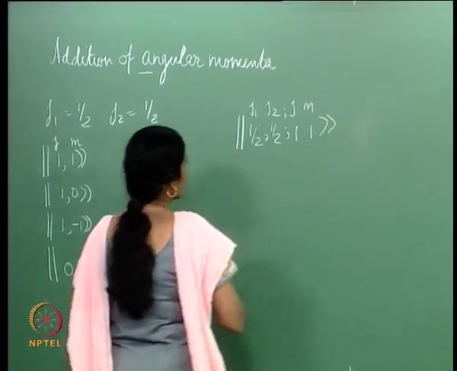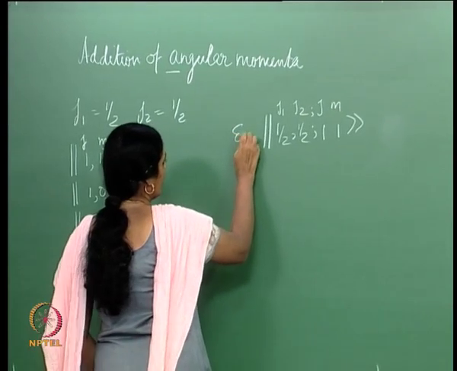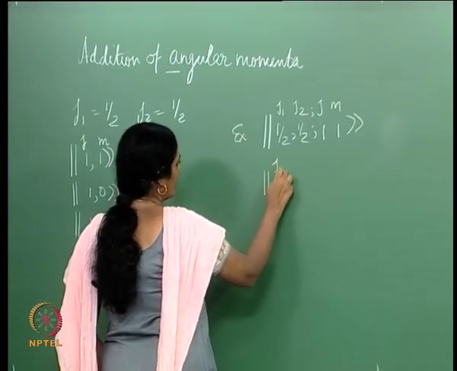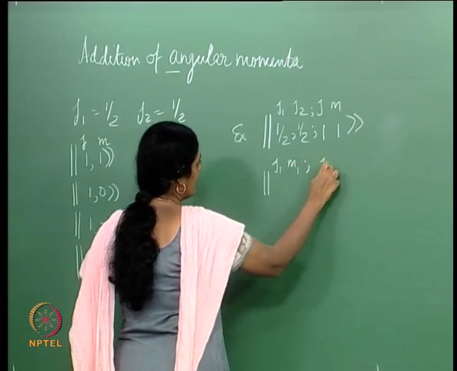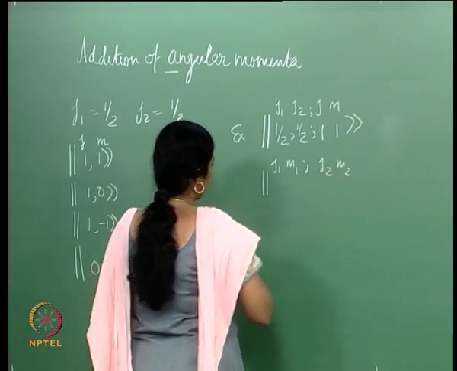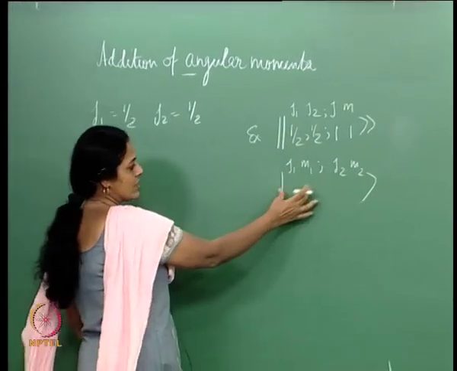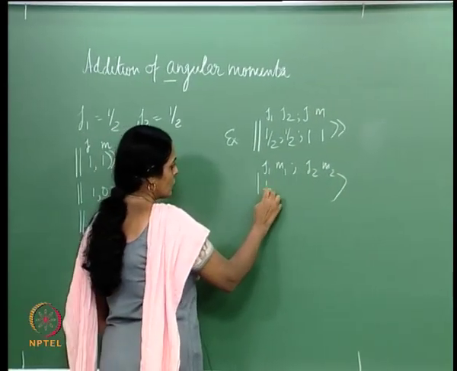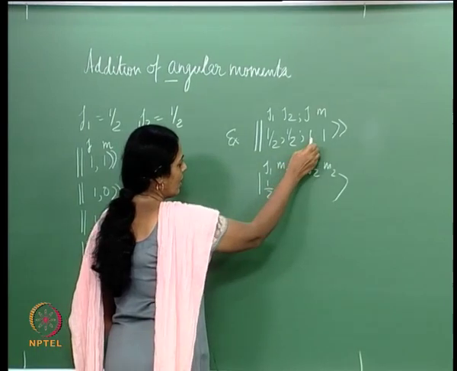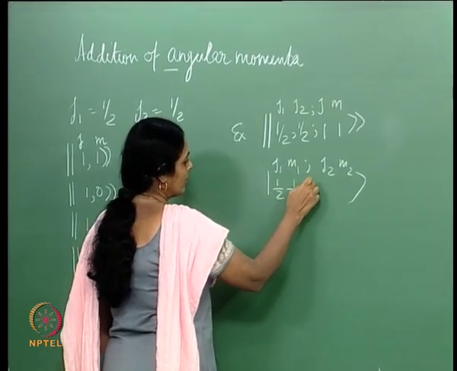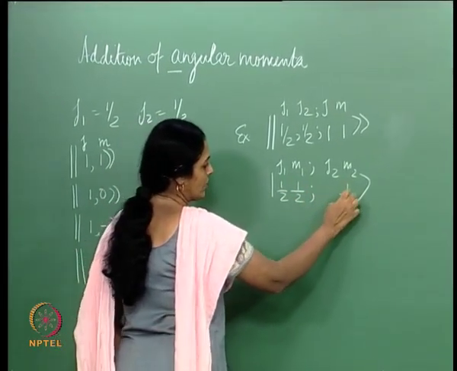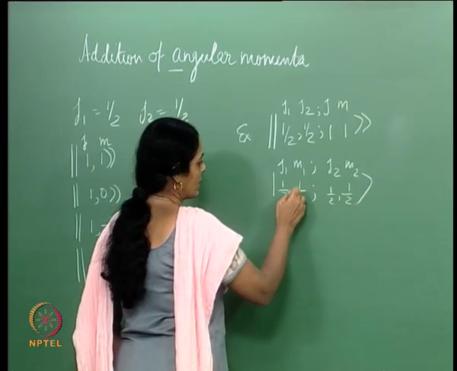The uncoupled basis states are represented by J1 M1, J2 M2, and I won't use double brackets for that, just to show you that this is the uncoupled basis set. So this would be half. If I want M equals 1, then this should have come from M1 equals half and M2 equals half.